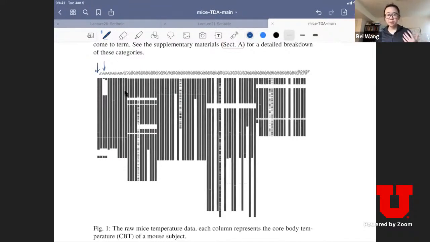For example, for some of those mice, if they have a really large gap here, when we are constructing the high dimensional point cloud, we treat them as individual sequences and generate a point cloud for each one of them and then concatenate the point clouds, right? Because you don't want the tail end and the beginning to be affected by this.